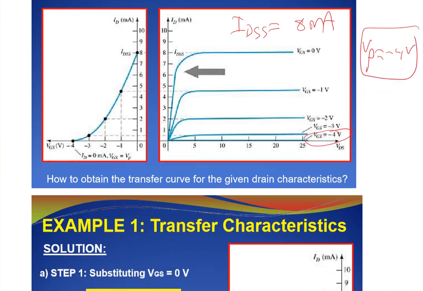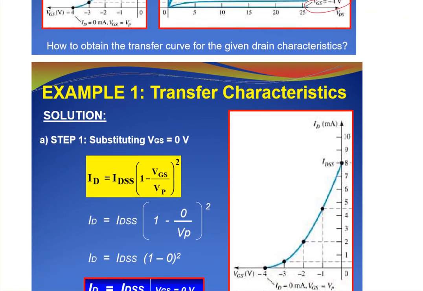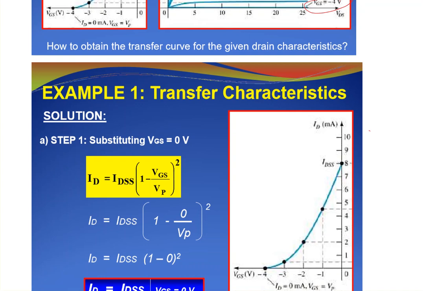So if I have those two, I can go to these equations and start working. So I have, as I said, IDSS is equal to 8 milliamperes, and I have my VP equal to minus 4 volts.